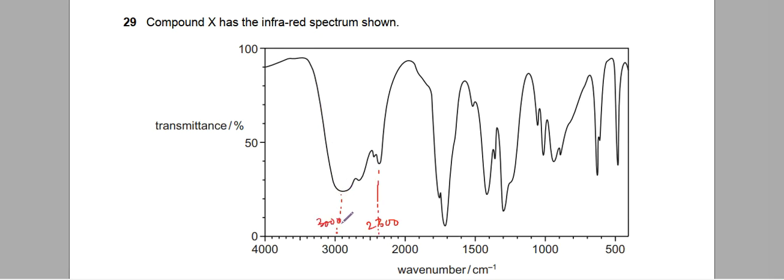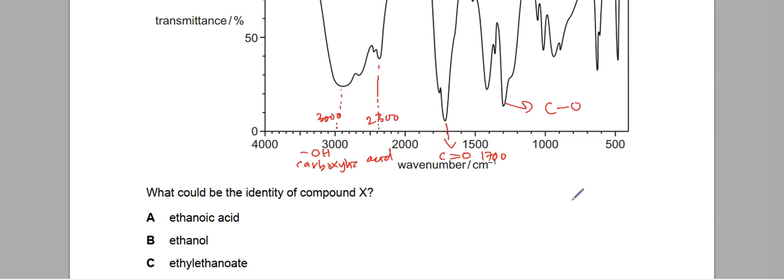This is corresponding to the OH for carboxylic acid. And then this is corresponding to the carbonyl group, 1700, and then this is corresponding to C-O. So combining all of this information here, we can conclude that this is an acid.